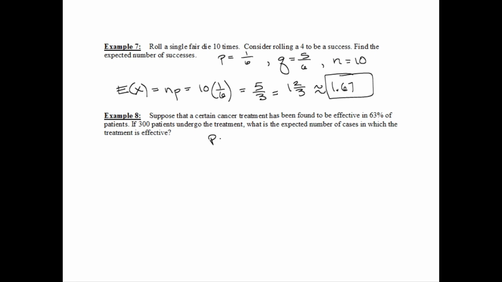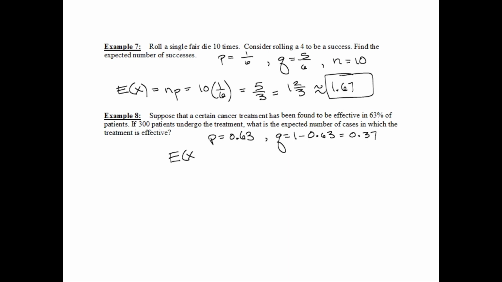So here, the probability of success would be 0.63, and therefore, what's the probability that the treatment is ineffective or unsuccessful? 1 minus 0.63, which would be 0.37. Although we don't really need that for this problem, because all we are being asked is what is the expected number of cases in which the treatment is effective?